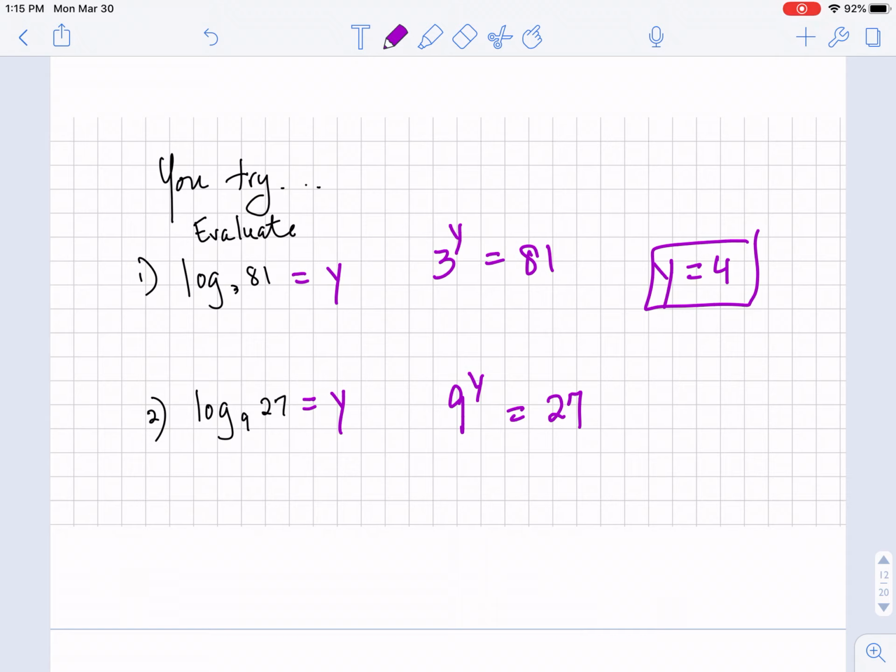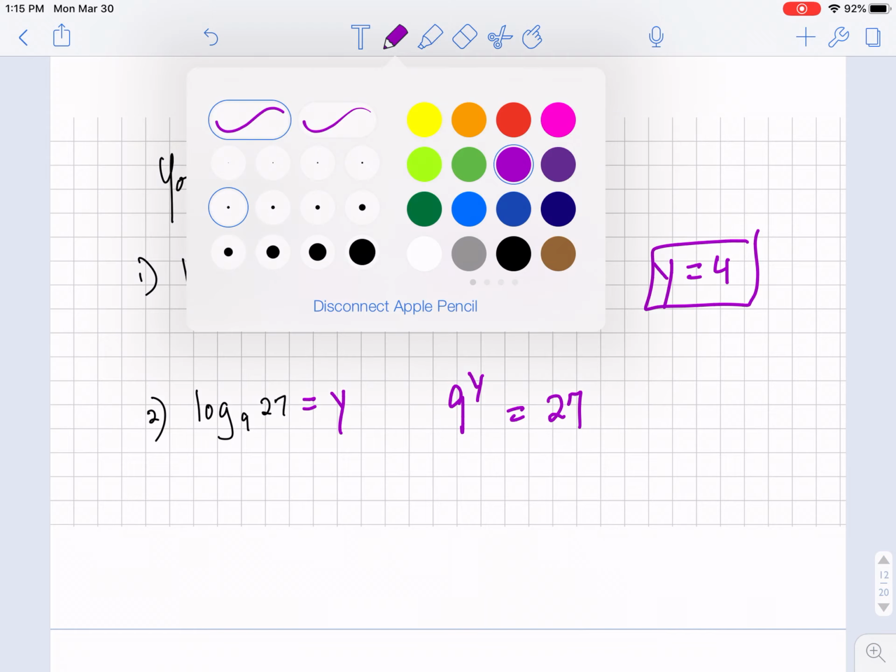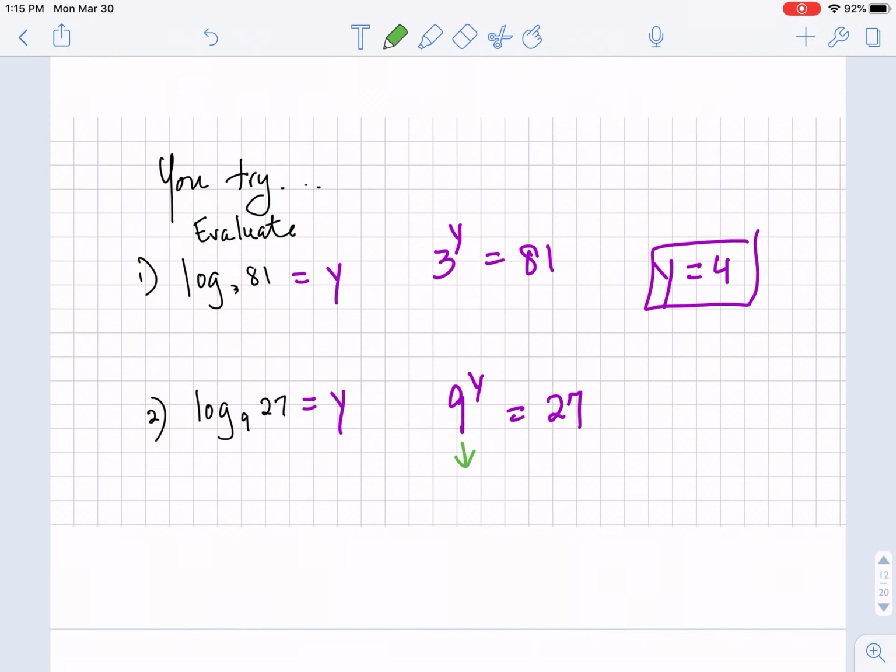So nothing's going to work here in a whole number, because 9 to the second is 81. So we're going to do that same thing again where we come up with a common base. A common base for 9 would be 3. I can write 9 as 3 to the second, and then I put that to the y power. And then I'm going to write 27 as 3 to the third.